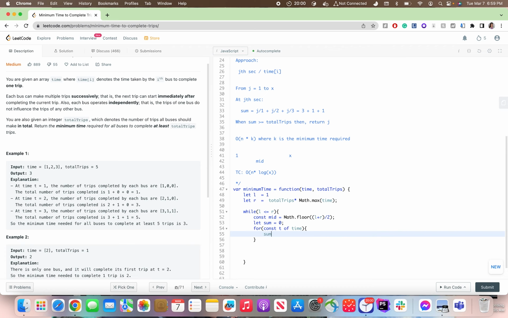So sum plus equals mid divided by t, and this is also Math.floor.